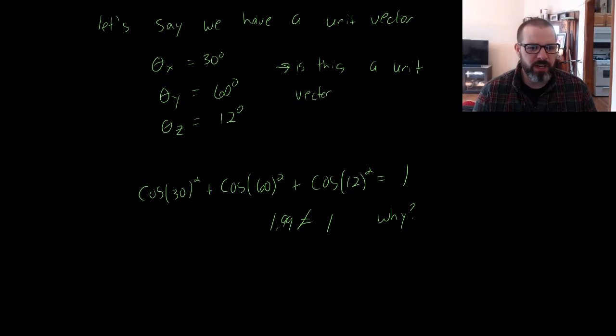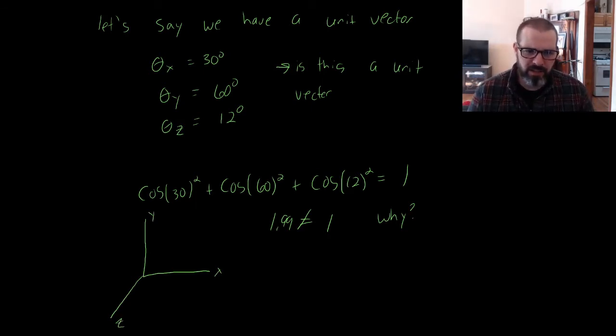So what we've created here, if I draw x, y, and z axes, if I say that theta x is 30 degrees, so we're over here in the positive x quadrant, and theta y is 60 degrees, we're somewhere up here in the positive quadrant, and theta z is 12 degrees.